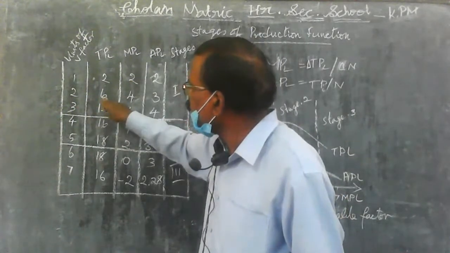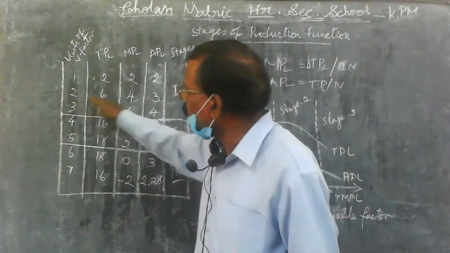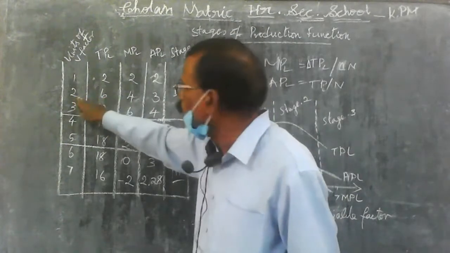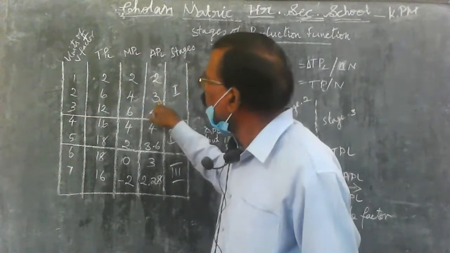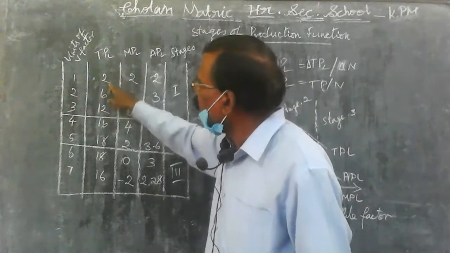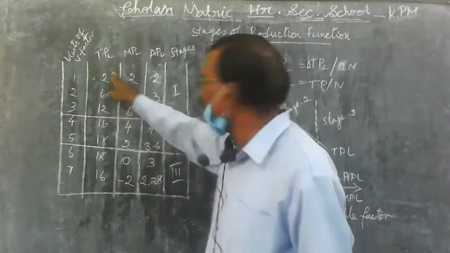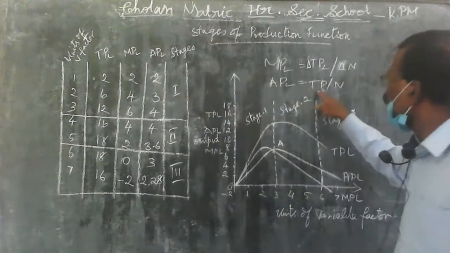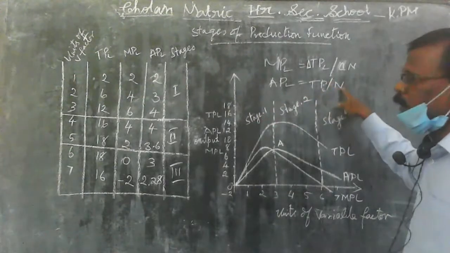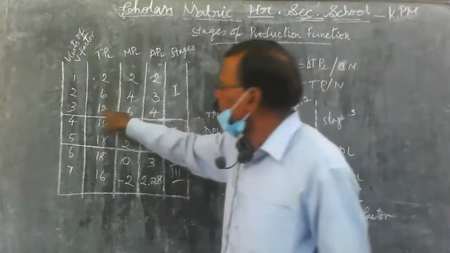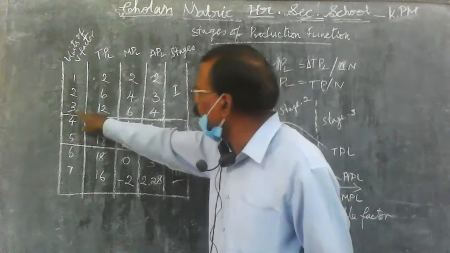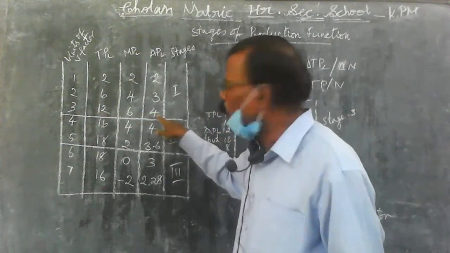6 divided by 2, 3. Then TPL divided by number of units. Yes, TPL divided by number of units. Then 12 divided by 3, 4.